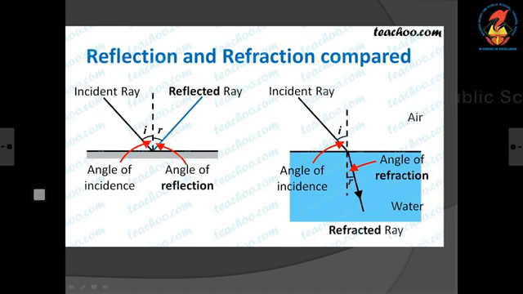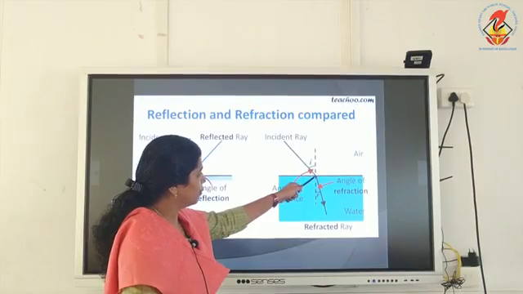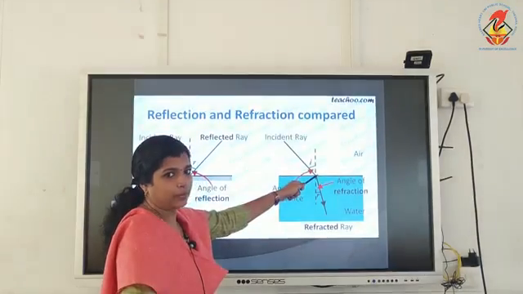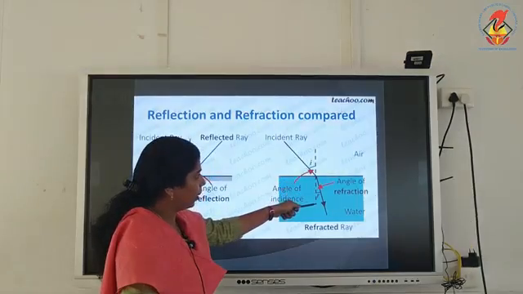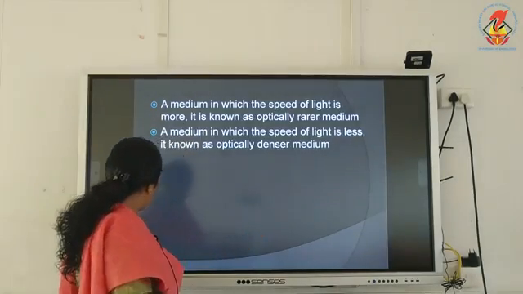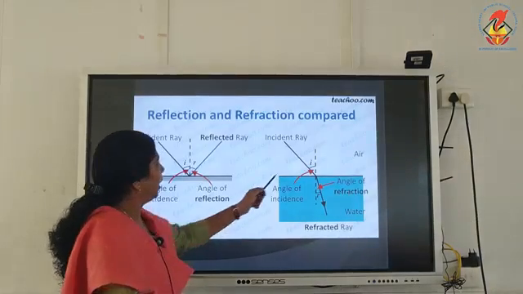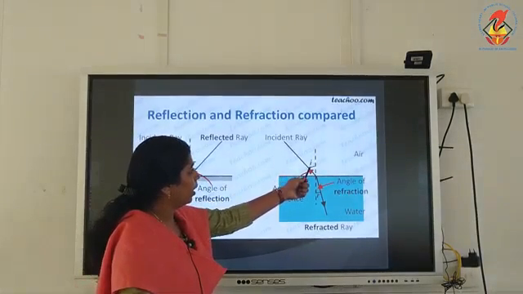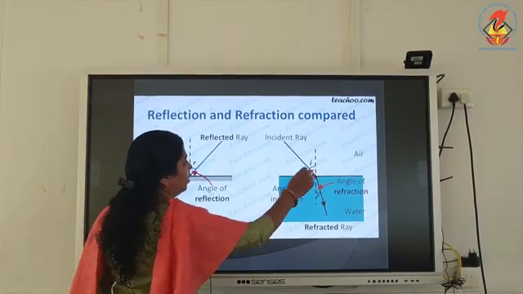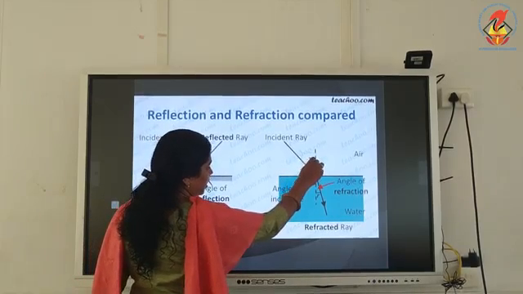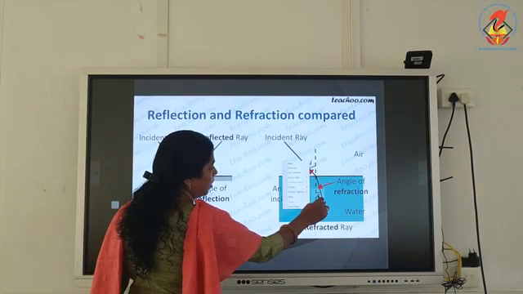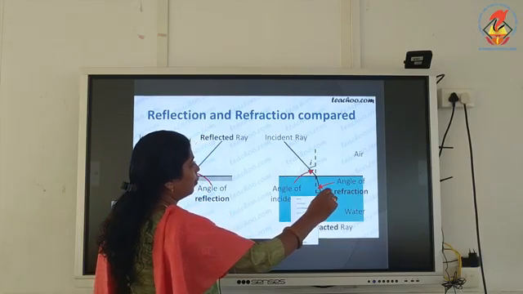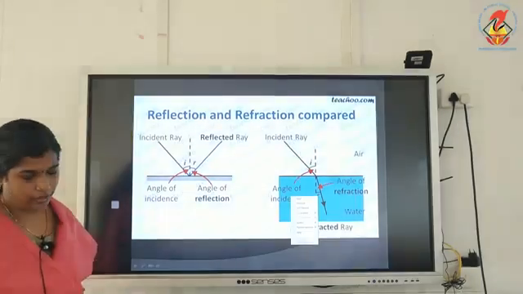Light enters from air to water, and at this point it will suffer a bending. If you draw a normal at that point, the angle between the incident ray and the normal is known as the angle of incidence. The angle between the refracted ray and the normal is known as the angle of refraction.